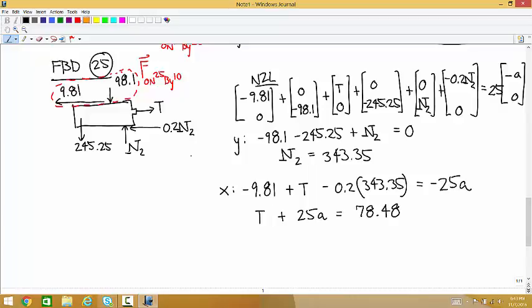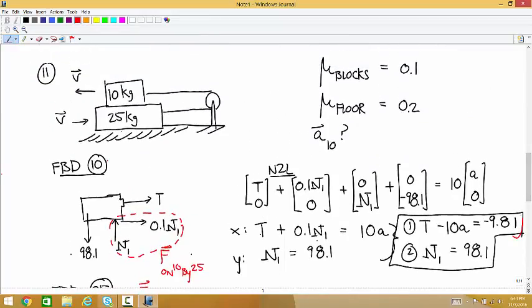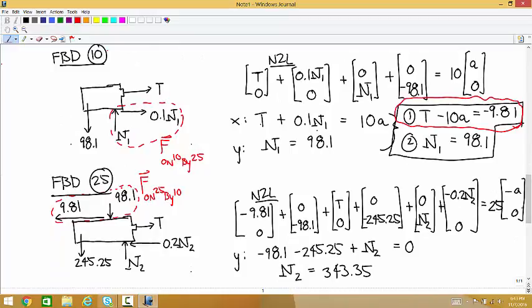Okay, so now we have this, and we have this. That's a system of two equations for two variables.